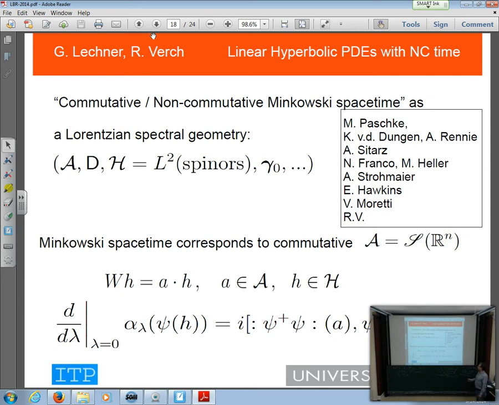So now, here we have a potential interaction operator. This would now be with the elements in here, acting by pointlike multiplication. The H is in the L2 spinors, if you like. And now you do this. Of course, you can do the usual potential scattering for the potential acting by pointwise multiplication.